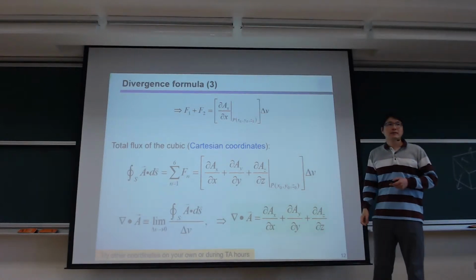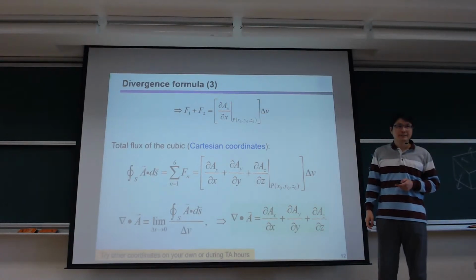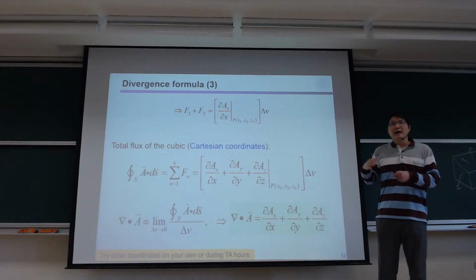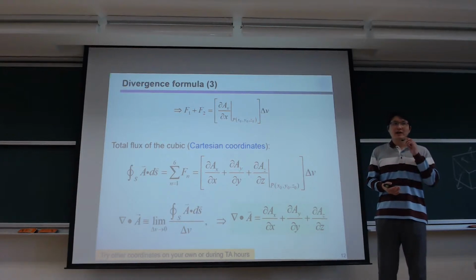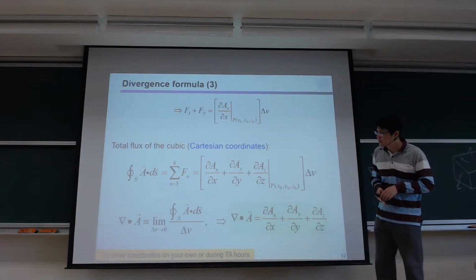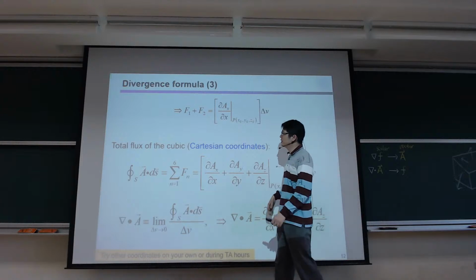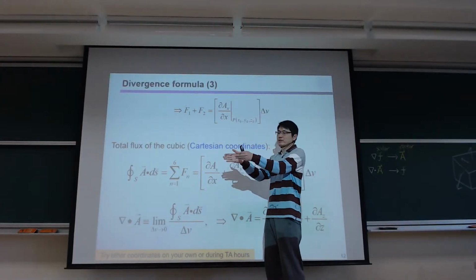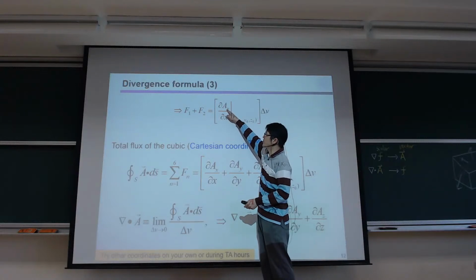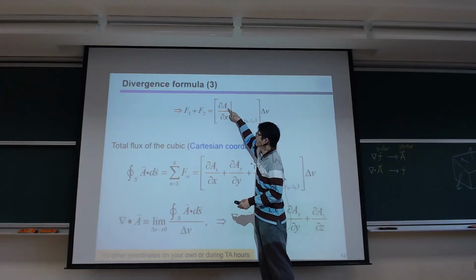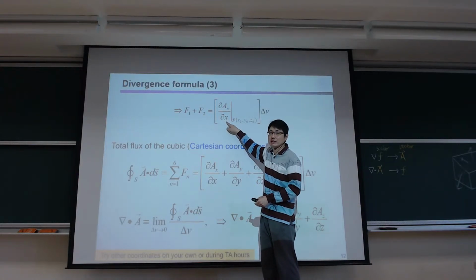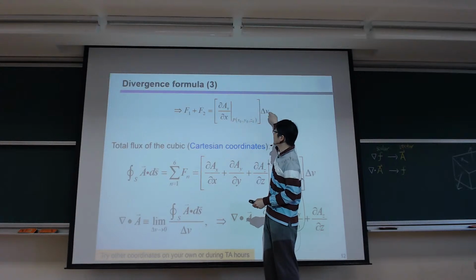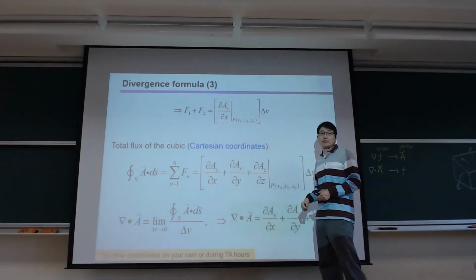Right? I can repeat the process for the other 4 surfaces, but in the end, as you can see by the same analogy, whenever you do 2 surfaces, you have the partial differentiation for that given component to that given unit vector evaluated at the center and multiplied by the differential value.